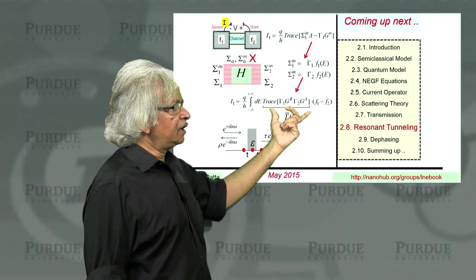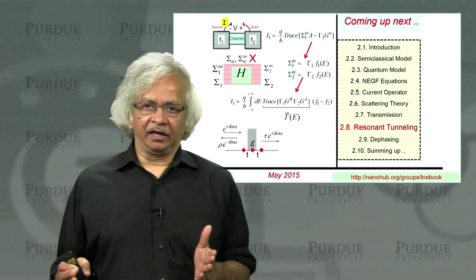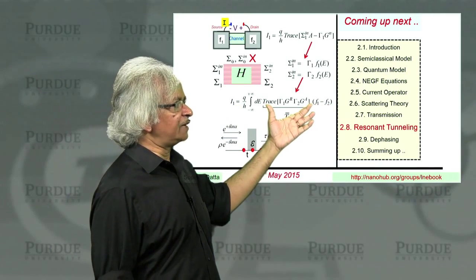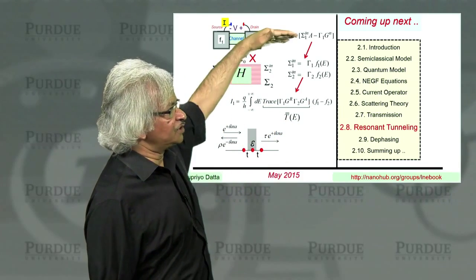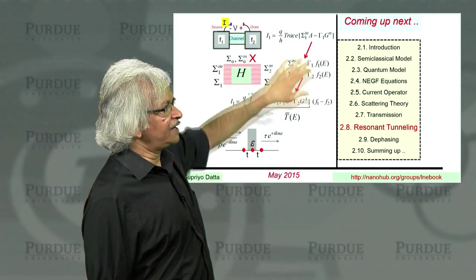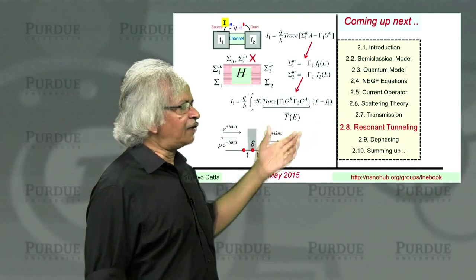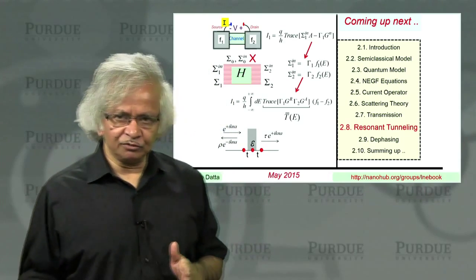Now, in general, as I mentioned in part A, you can always write the current in terms of F1 minus F2 times something. So in principle, I could have used this expression to find the current, divided it by F1 minus F2, and found an effective transmission. That you could always do.